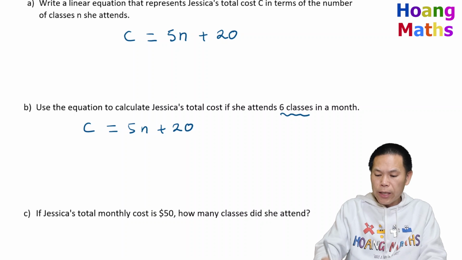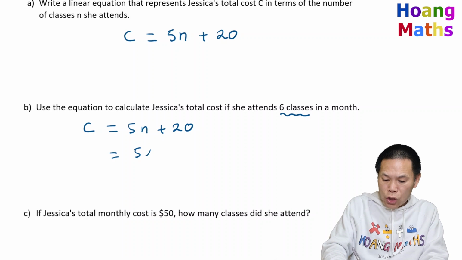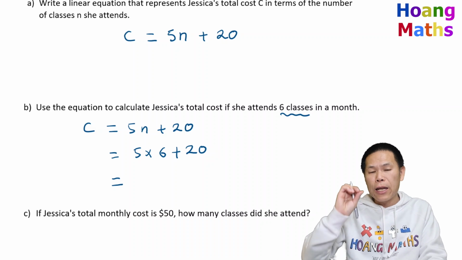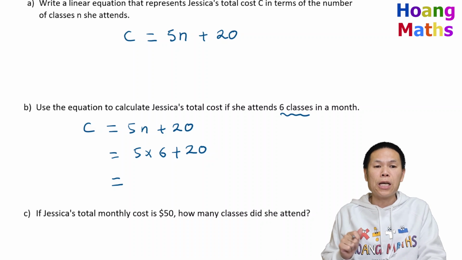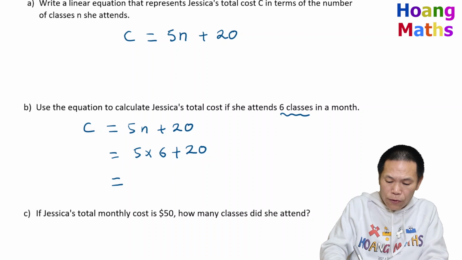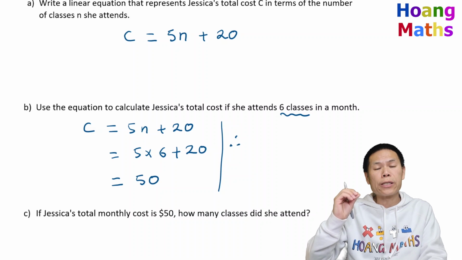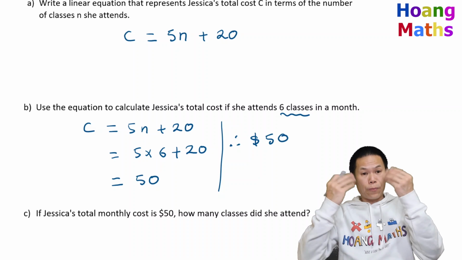So n is 6, so that becomes 5 times 6 plus 20. Putting it in a calculator, we know that 5 times 6 is 30, plus 20 is 50. So therefore, the total cost is $50. So there you go.